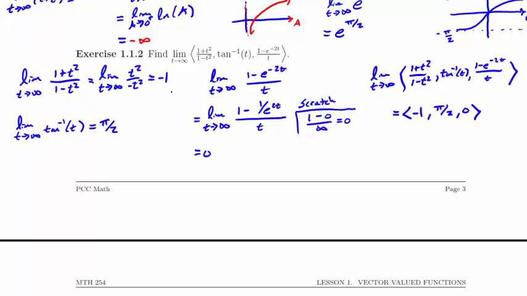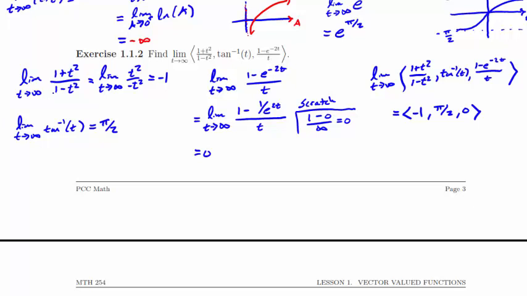All right, and we're back. So to find the limit as t goes to infinity of this vector valued function, I look at each of the components individually. So the first component, I take the limit as t goes to infinity of 1 plus t squared all over the quantity 1 minus t squared.